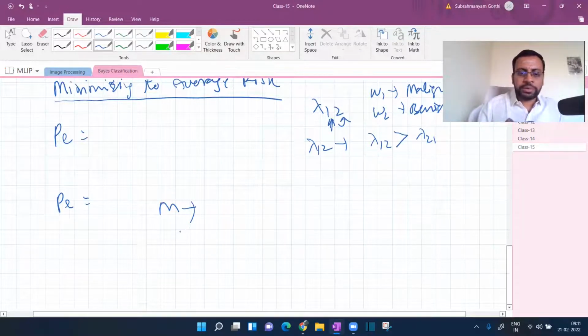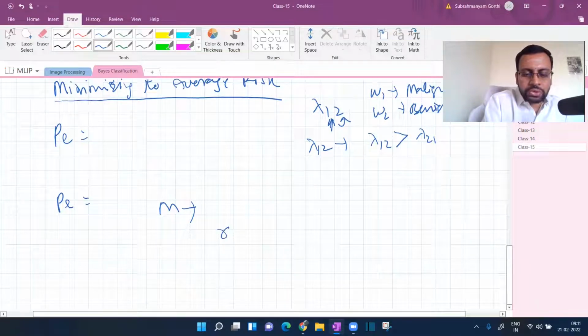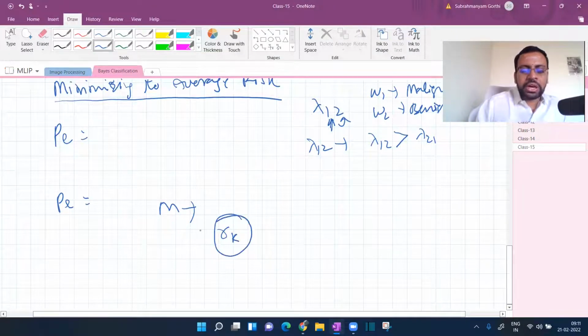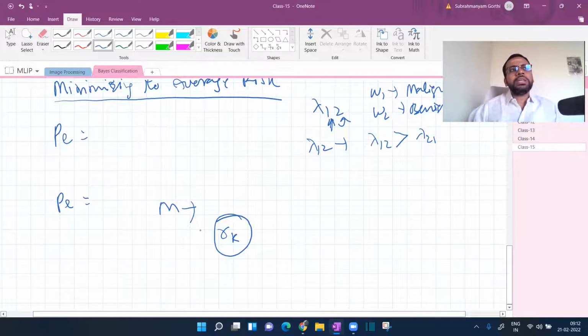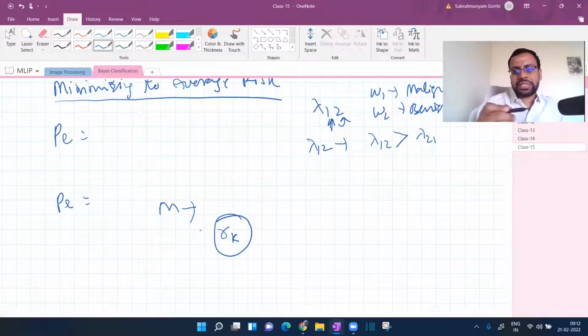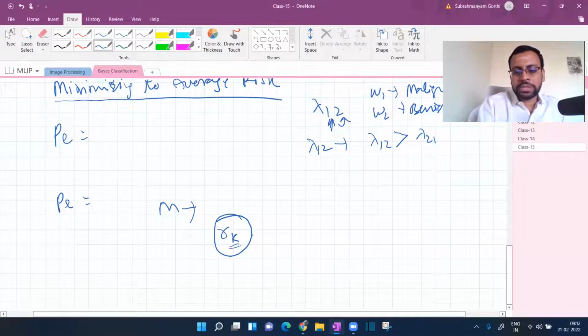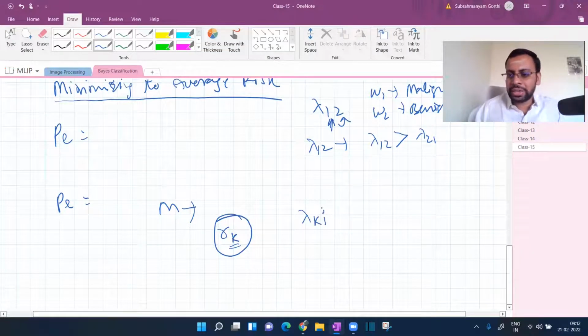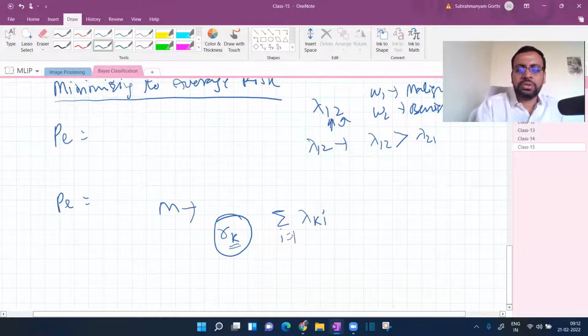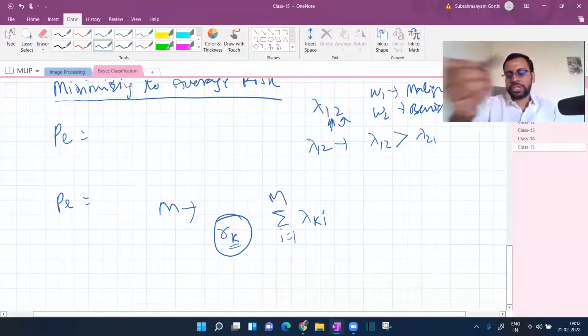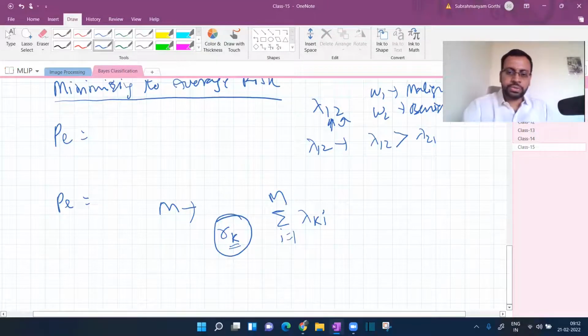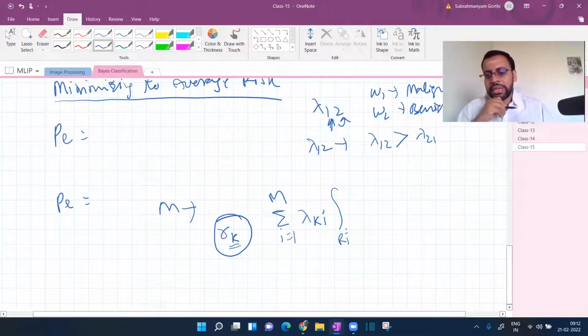How did we do that? We started with the penalties associated with each class, which we called r k. Each class means something that belongs to the kth class but has been assigned to another ith class. So for varying values of i equal to 1 to m, we wrote those expressions, each in the region where it has been assigned.